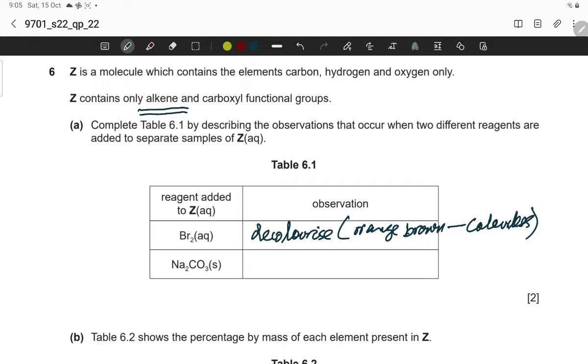And when sodium carbonate is added, Z contains an alkene and a carboxylic functional group, and because the carboxyl group is present in Z, when sodium carbonate reacts with Z, effervescence of carbon dioxide is produced.